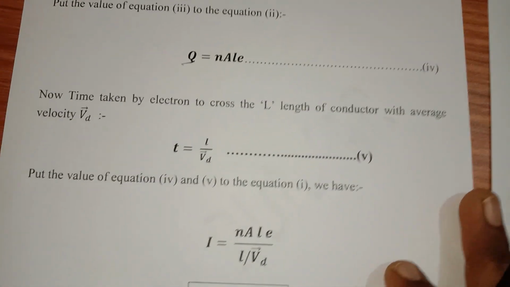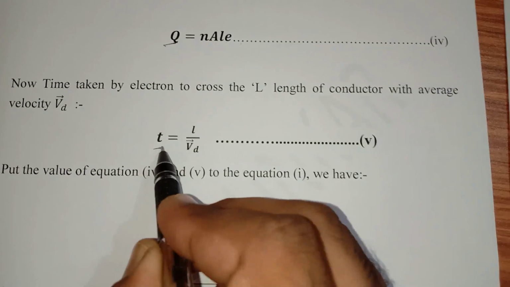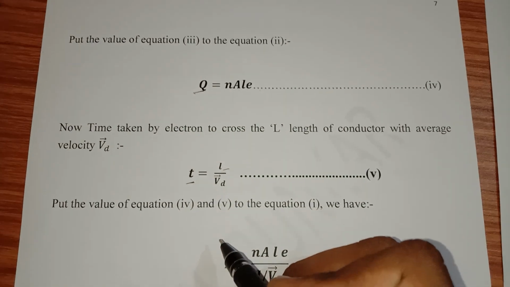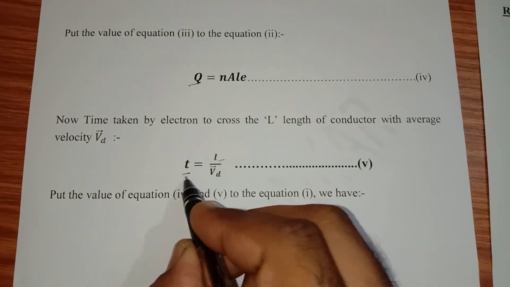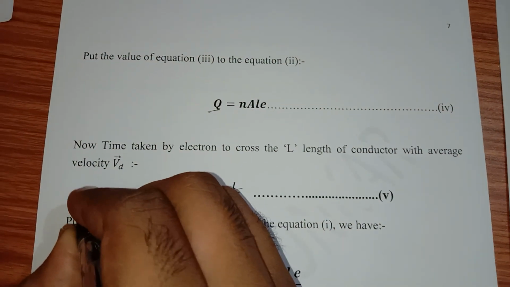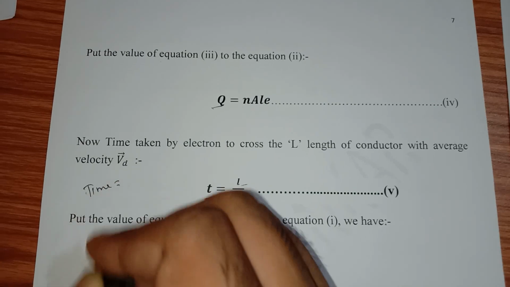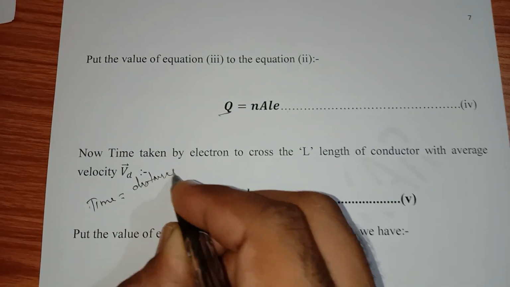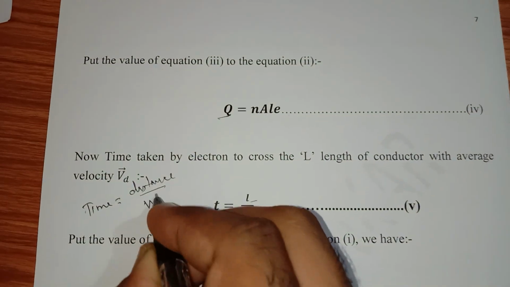So what can we write? The time taken by the electron to cross the length L of the conductor when they are drifting towards the positive terminal of the battery is given by the basic formula, time equals distance divided by velocity.